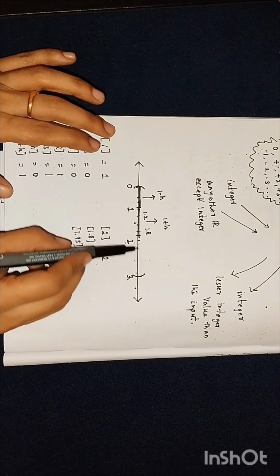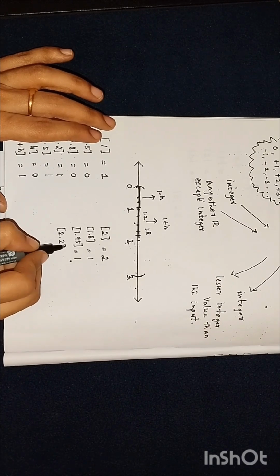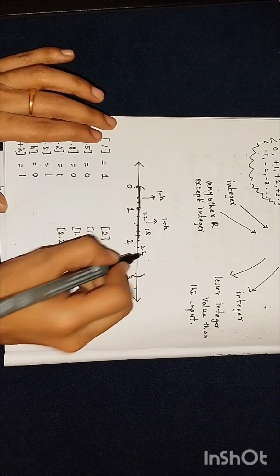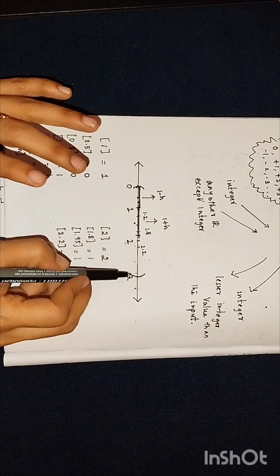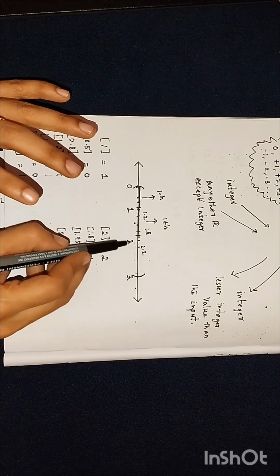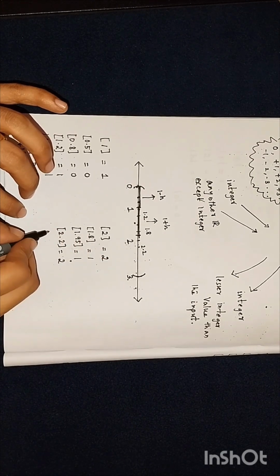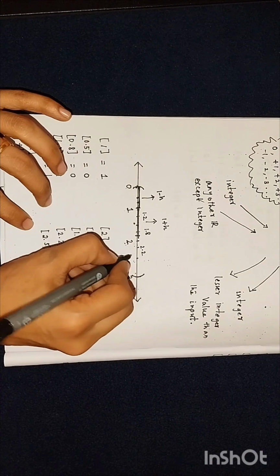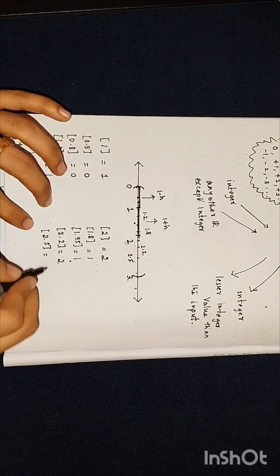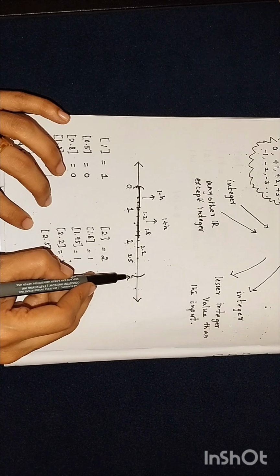Now let us give numbers that are greater than 2. Let us say 2.2. Between 2 and 3, if you give the input 2.2, it will select the integer 2 because it will go for the lesser one. Now if you take the input 2.5, the output will be 2, because 2 is the lesser integer compared to 3.